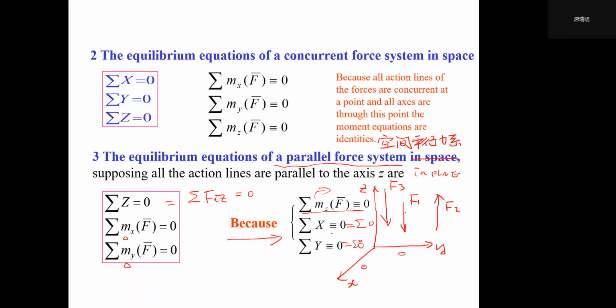Then all the action lines will cross axis y. Then this one will be changed into an identity. So a parallel force system in plane only has 2 equations, right? So let's move on.